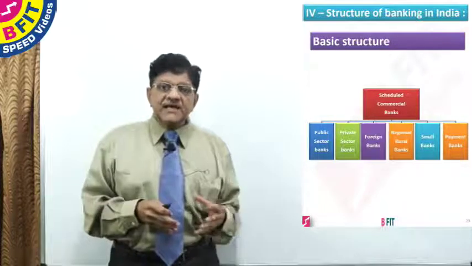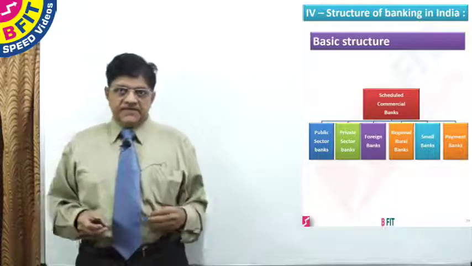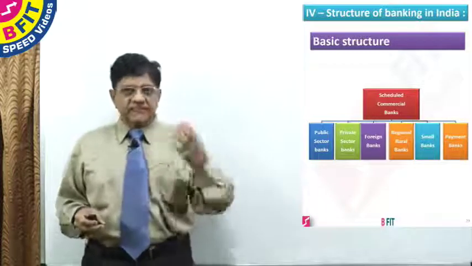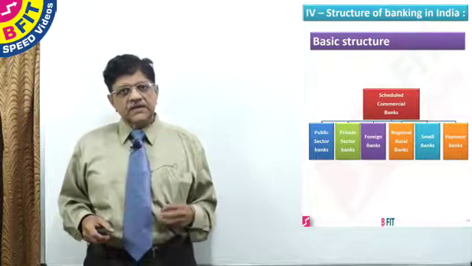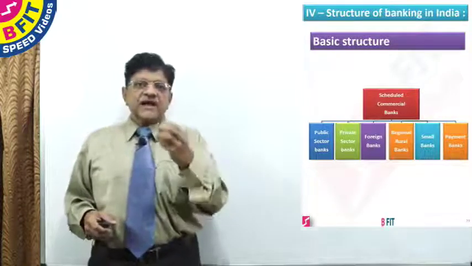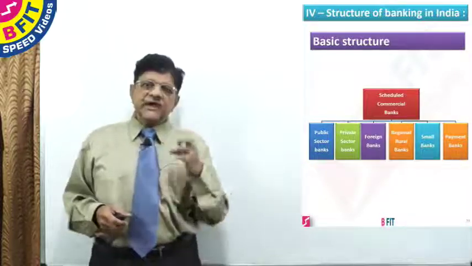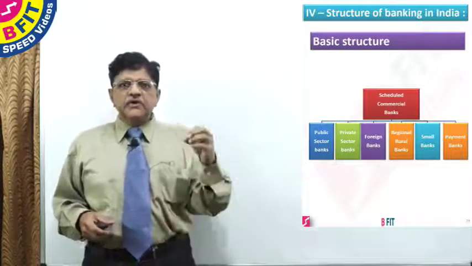Now, the first major change in the consolidation phase in the post-independent era in India was the creation of State Bank of India. How was State Bank of India created? There was one Imperial Bank.